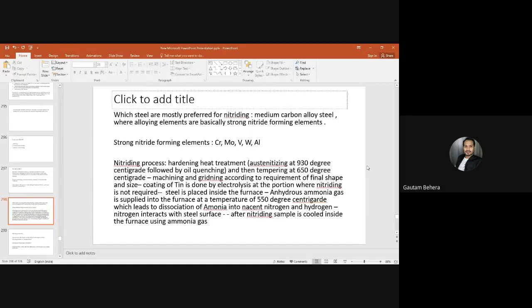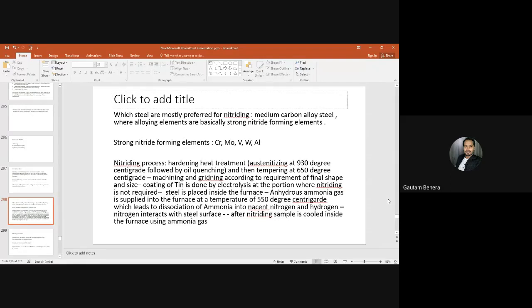Yes, sir. So the nitriding process. I have already written the process over here in an easy way so that you can easily remember it. Whenever you want nitriding on the steel, the first thing you have to keep in mind is that everything should be finished.